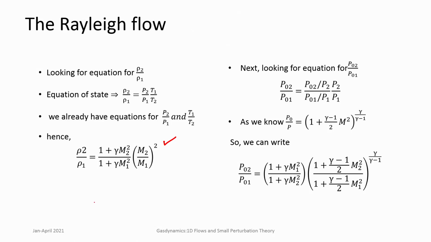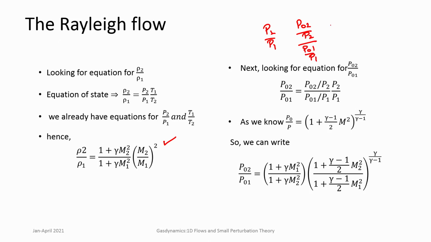Now, what about stagnation quantities, P02 by P01 and T02 by T01? You can couple them with the P2 by P1 we have just got, along with P02 by P2 and P01 by P1.